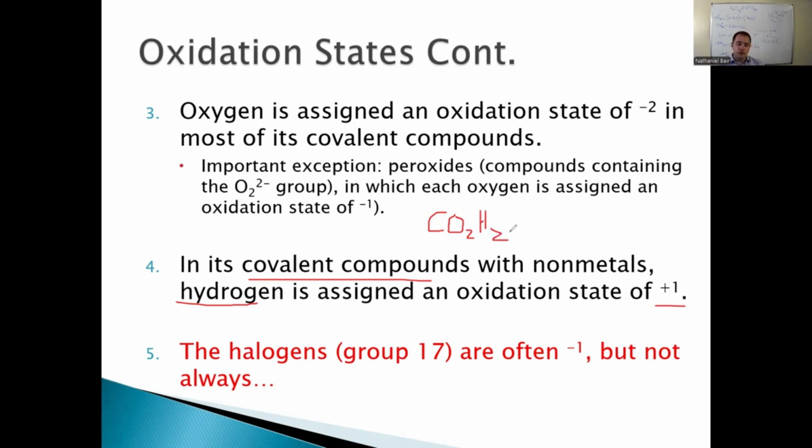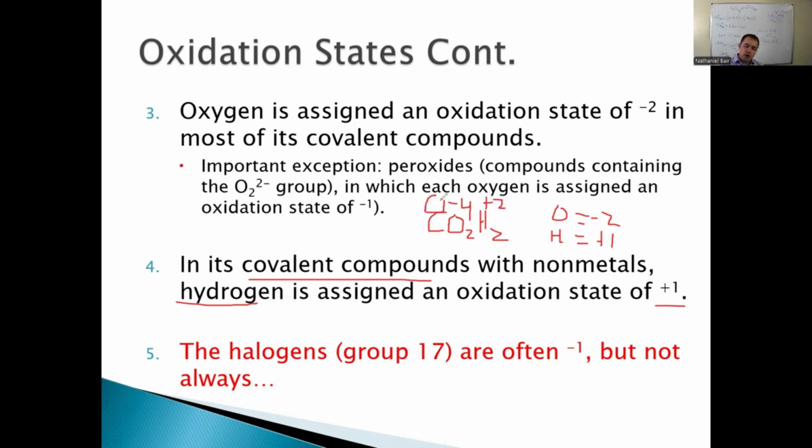Say we have that. Well, now, covalent compound, all nonmetals. Each oxygen is -2, so that's a total of -4. Each hydrogen is +1. That's what rule 4 says. So two of those, that's +2.